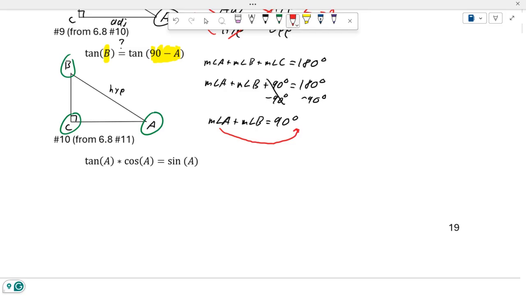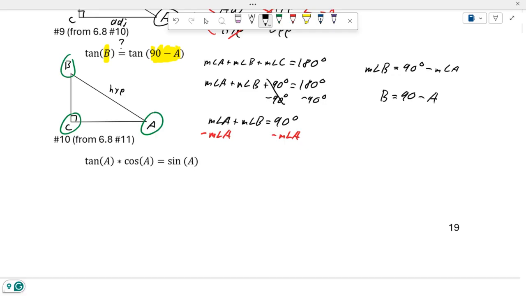So if I subtract the measure of angle A from both sides, I get the measure of angle B is equal to 90 degrees minus the measure of angle A. And if I simplify this a little bit by dropping some symbols, basically what I'm saying is that B is 90 minus A.